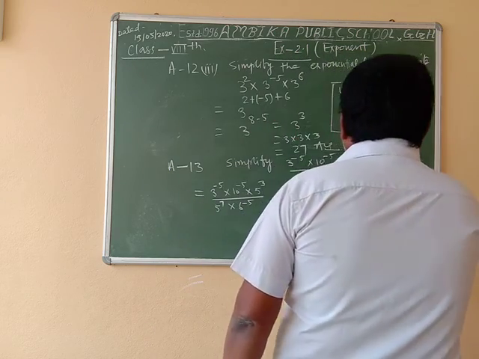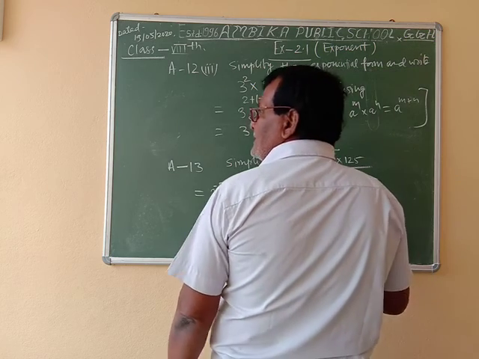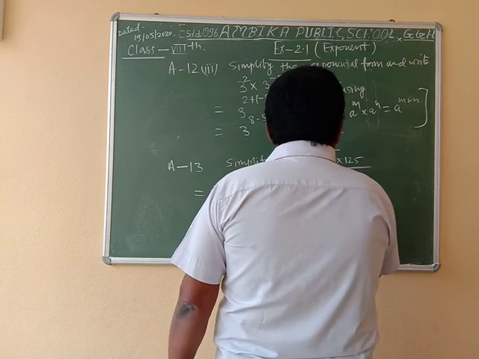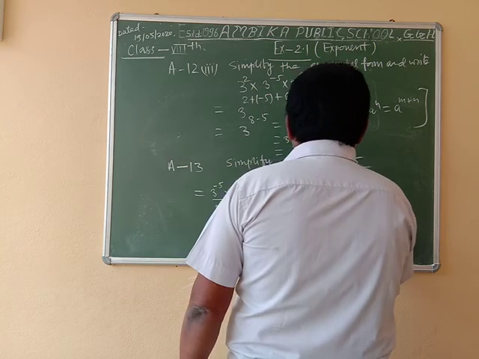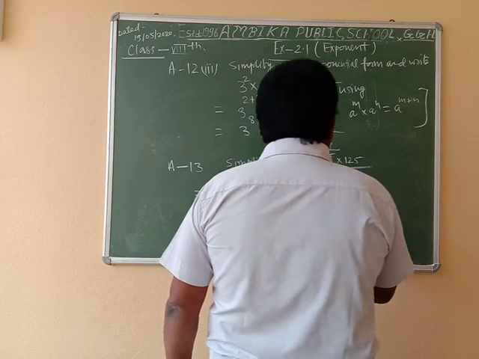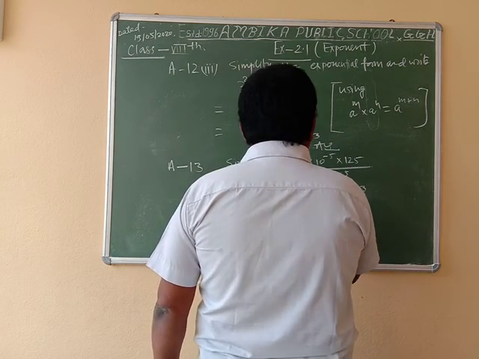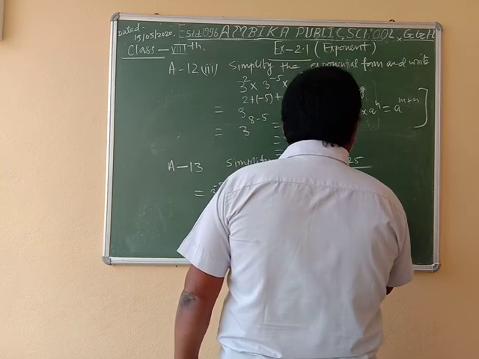Here 2 to the power minus 5 and 2 to the power minus 5 is cancelled, and 3 to the power minus 5, 3 to the power minus 5 is also cancelled.